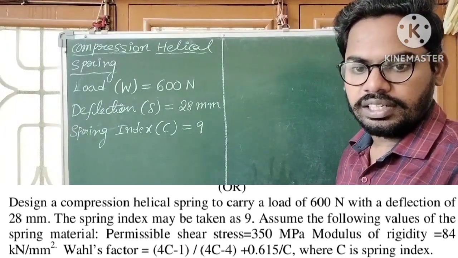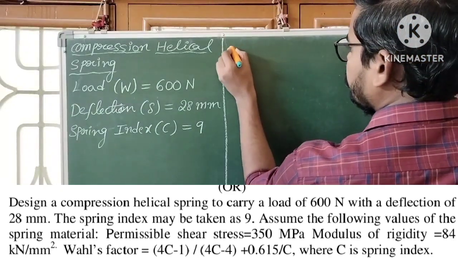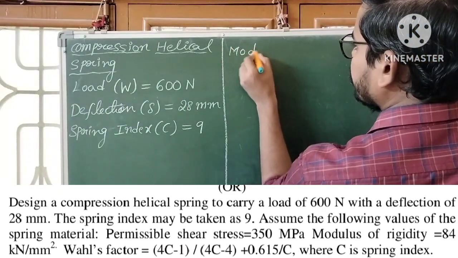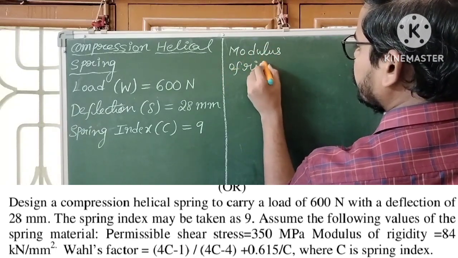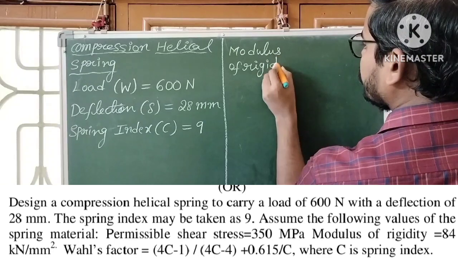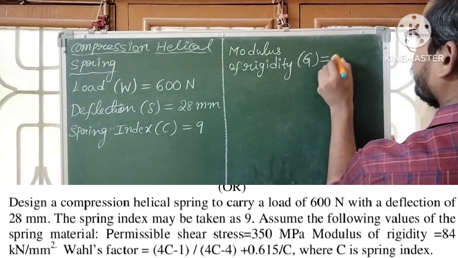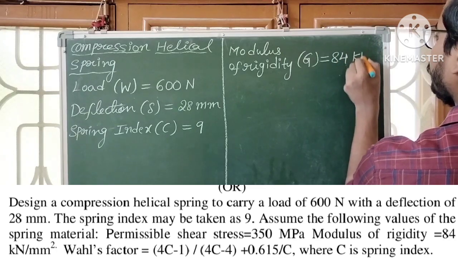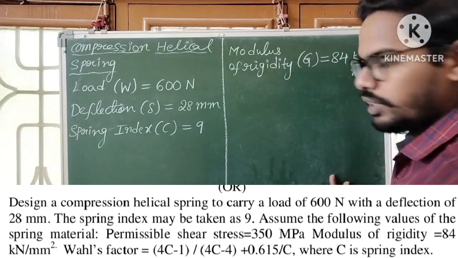And also given modulus of rigidity. Modulus of rigidity G is equal to 84 kilonewton per mm square, that is 84 thousand newtons per mm square.